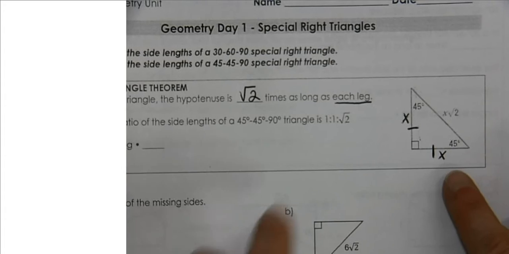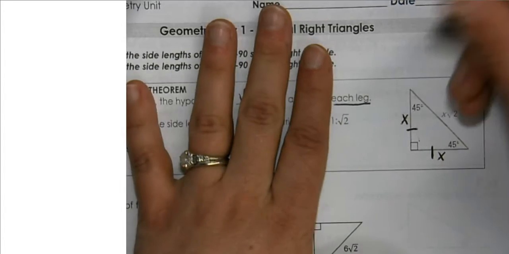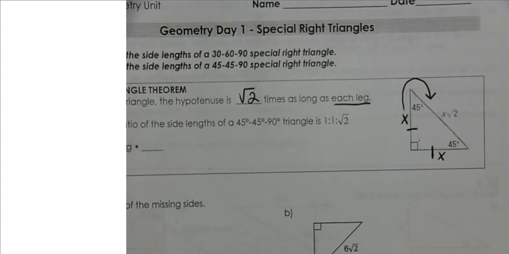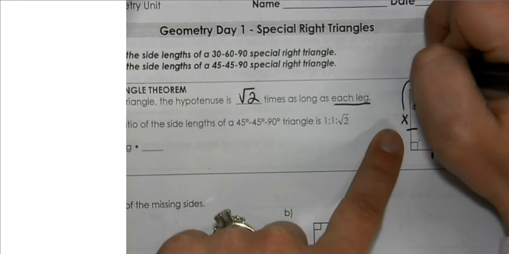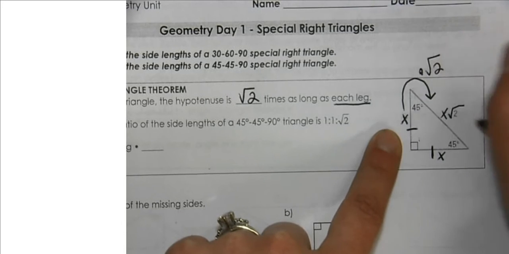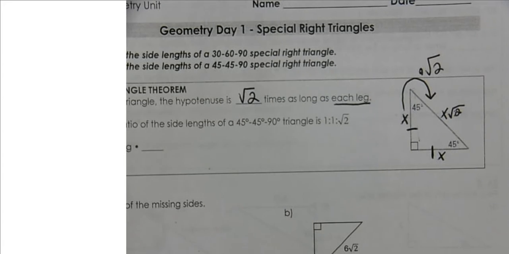They noticed that to find the hypotenuse every single time, it was simply take the leg and times it by the square root of 2, and you'll have the hypotenuse. And that was the pattern that they noticed over and over again.